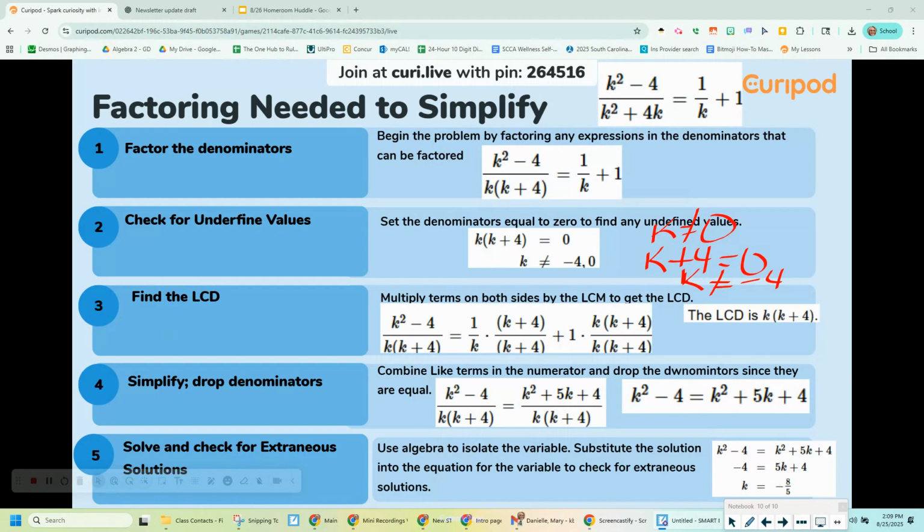Then we're going to multiply the terms on both sides by the least common multiple to get the least common denominator. Our least common denominator here is going to be k times k plus 4. So we need to multiply all the parts by what turns it into the denominator. The first term already has k and k plus 4, so I don't have to do anything to the numerator.